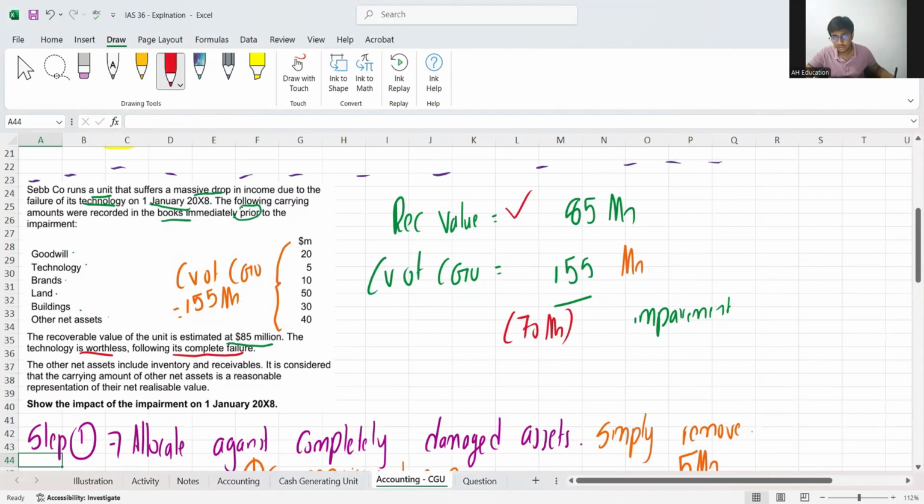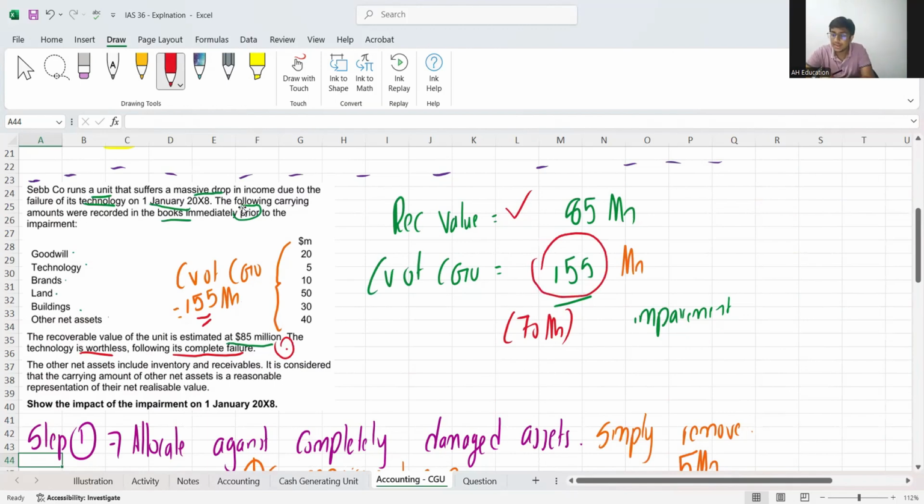I'll explain what we need to do in this. You know your recoverable value is 85 million. Your carrying value of your assets is 20 plus 5 plus 10 plus 50 plus 30 plus 40, and all of this adds up to 155.